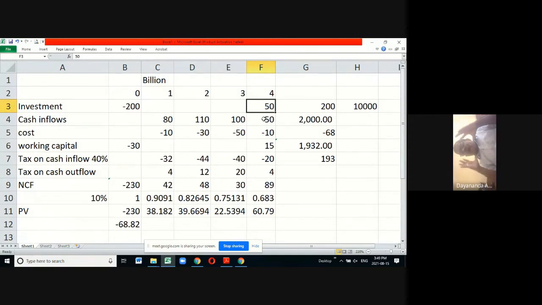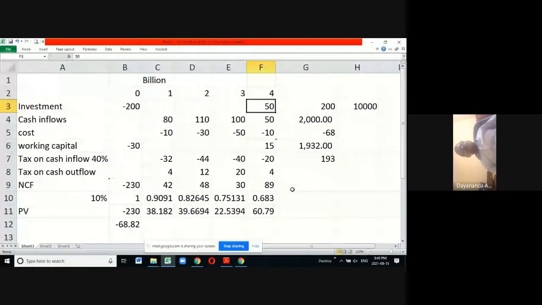For capital allowances, there is a technical way of calculating. But for the time being, you just ignore the tax on capital gain. Any other question?